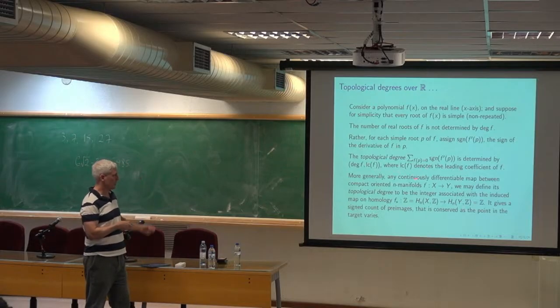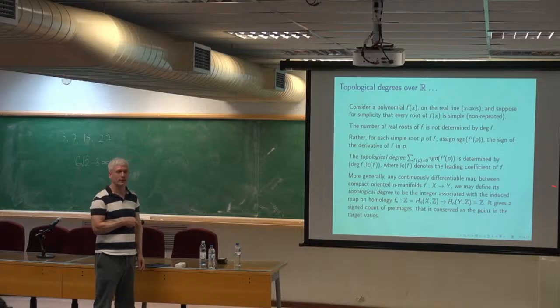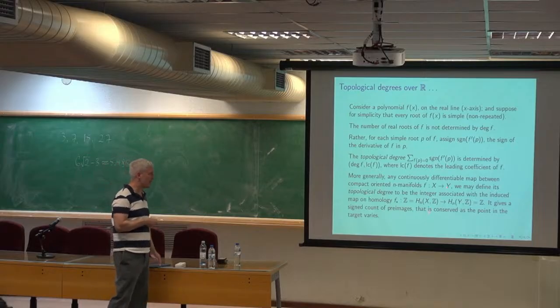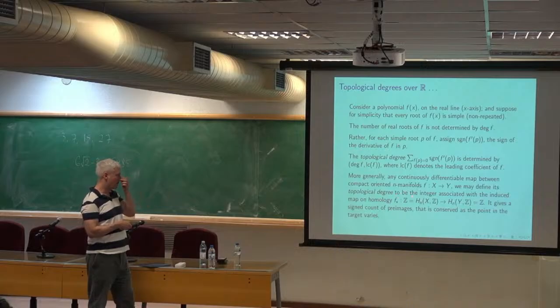Why is this called a topological degree? Well, in a much more general setting, if you're given a continuously differentiable map between compact oriented manifolds of the same dimension, you can define the topological degree of that map to be the integer multiplier associated with the induced map on homology, right? Because both of those homology groups are just copies of Z, so the map on homology is just multiplication by some number.